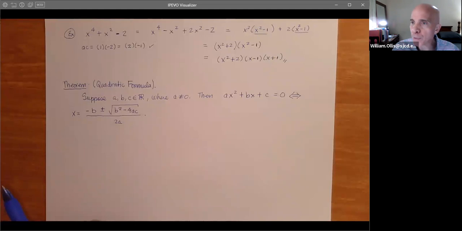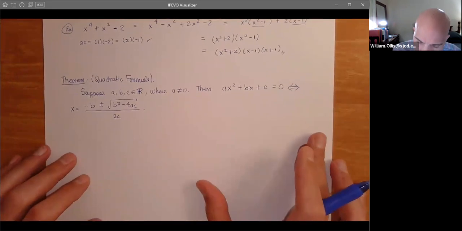So just remember that when we actually are asked in this class to factor higher degree polynomials, there will be some way to get at the zeros, at least in a way that we have some level of comfort. And then without that, we're going to use some calculus, or for instance, in your Calculus 1 class, you'll be able to analyze polynomials using derivatives and figure out some things about them that we wouldn't necessarily have at our disposal in this class.